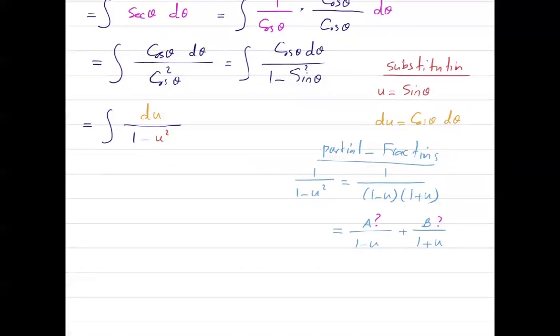If you take a common denominator on the right-hand side, you have 1 minus u times 1 plus u, and you have a times 1 plus u plus b times 1 minus u. The combination on the right-hand side must be equal to the fraction on the left-hand side. But note that the denominators are the same. We just need to find the numerators.